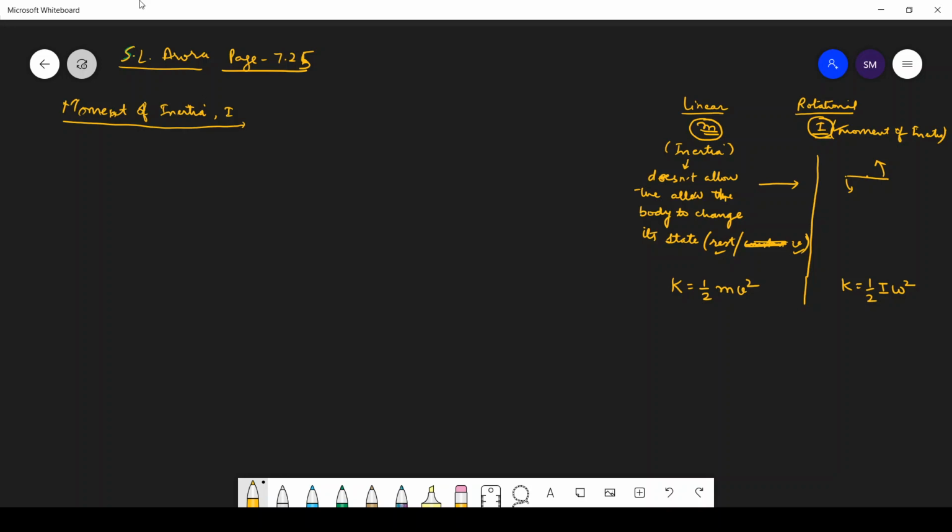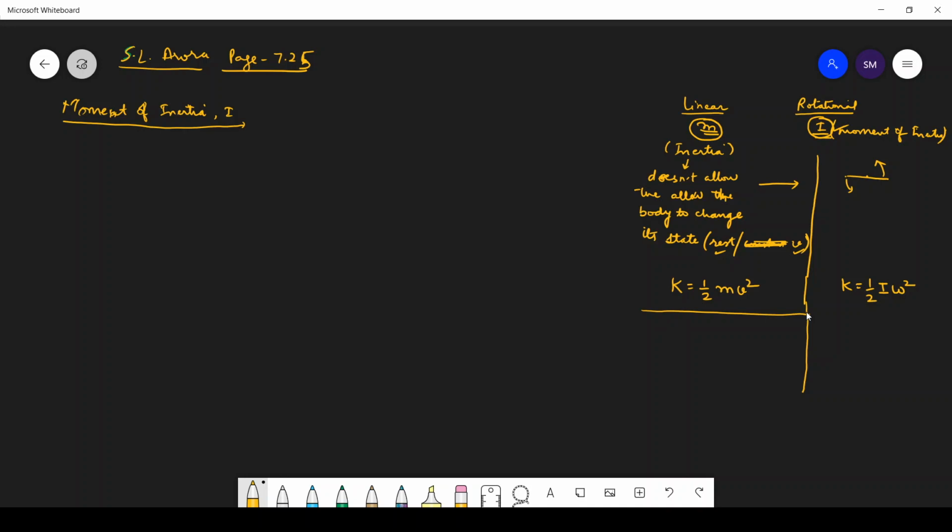The inability of the body to change by itself its state of rest or of linear motion is called inertia. So what is inertia in linear motion? Inertia doesn't allow the body to change its state.